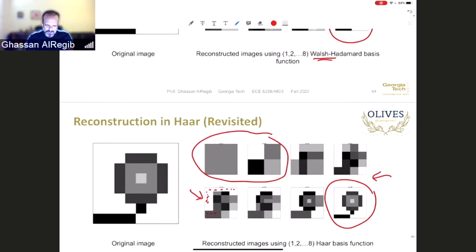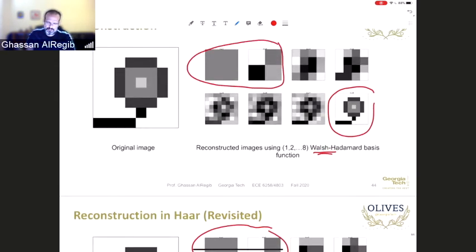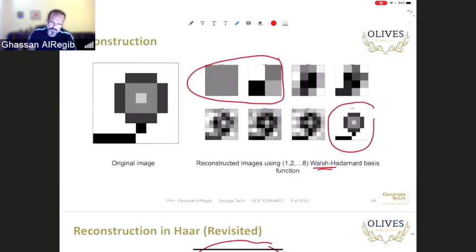Look at this part of the image in this reconstruction. You start to see quite a bit early on in the reconstruction levels. If you look at the difference between this level and this level, the only difference is just this part in here and this part in here. So it's very localized. As you add more detail, they are really localized to a very specific part of the image. In the Walsh-Hadamard and the Hadamard in general, you can see it's very spread out.